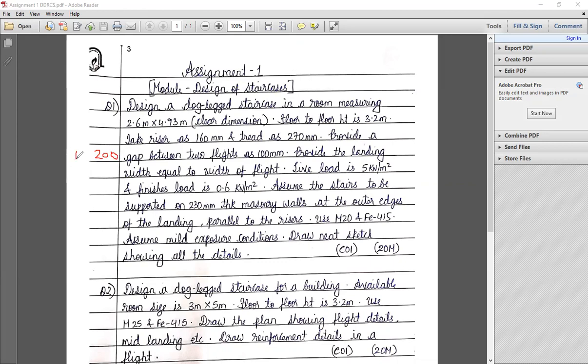And then main steel AST is coming out to be 529.156 using 10 mm bars. Spacing is coming out to be 148.42, so I've taken 145. AST required is 529, correct? Yes.